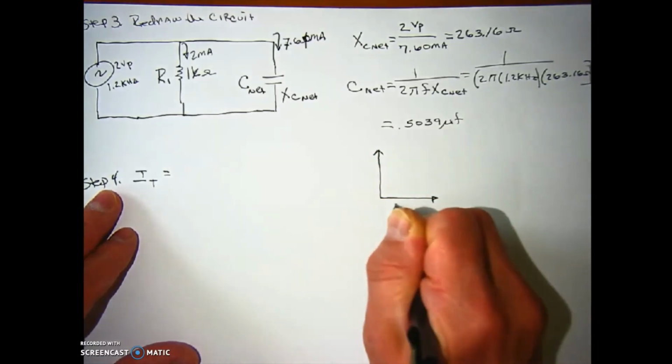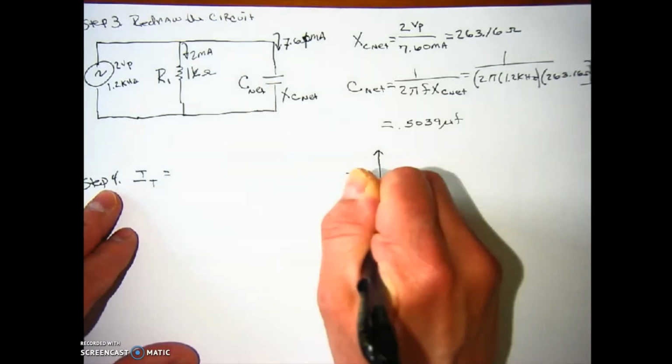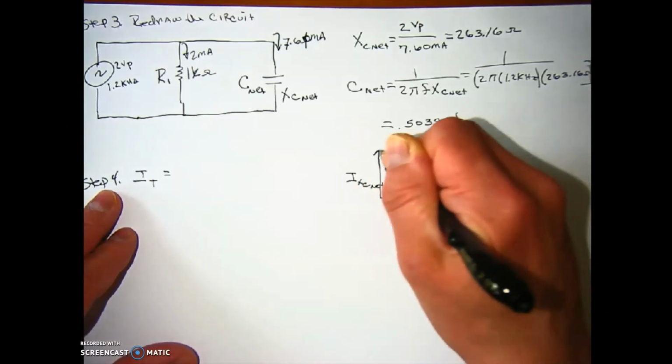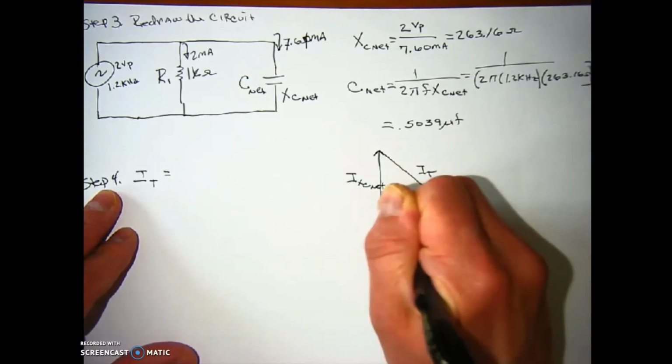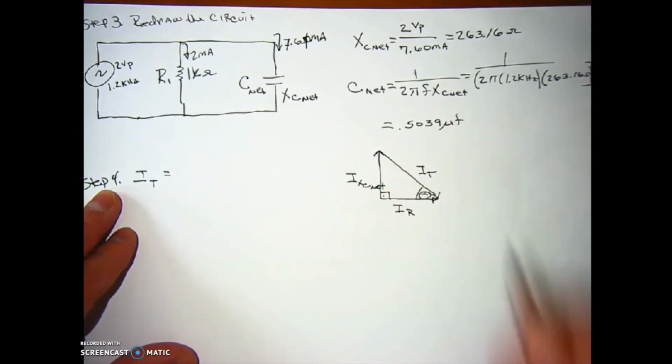What we have here is IR. This is I x sub c net. And here's our resultant, which is I total. This being a 90-degree triangle, this is our phase angle.